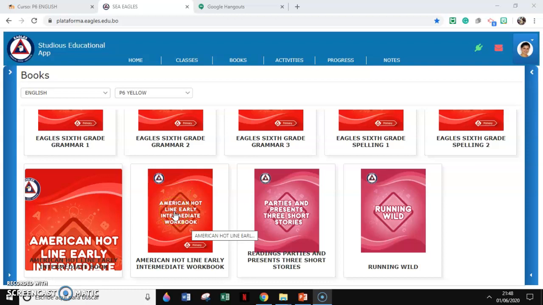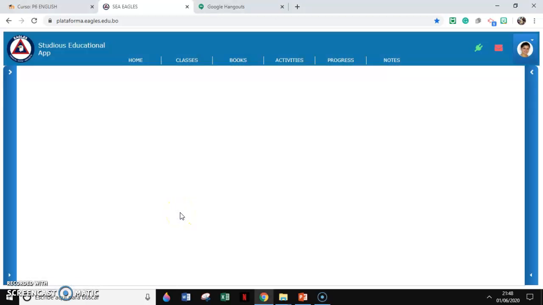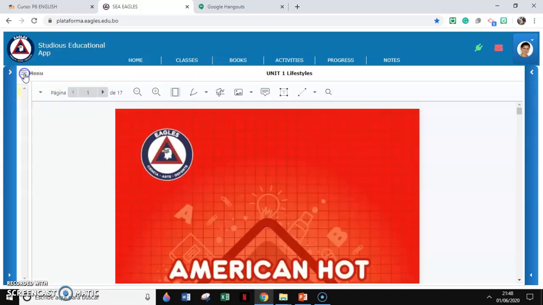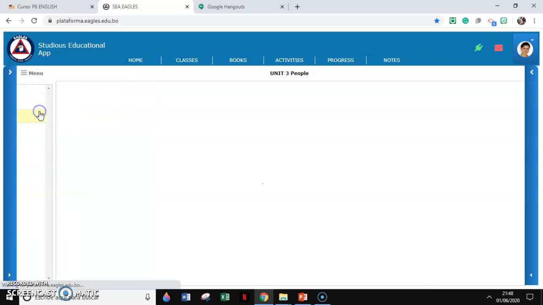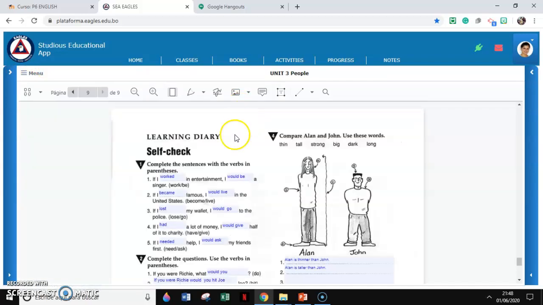So you need to hit on it, and then we are going to go right away to Unit 3, People, page 9. Okay? So this is the last activity. With these activities, we finish Unit 3.